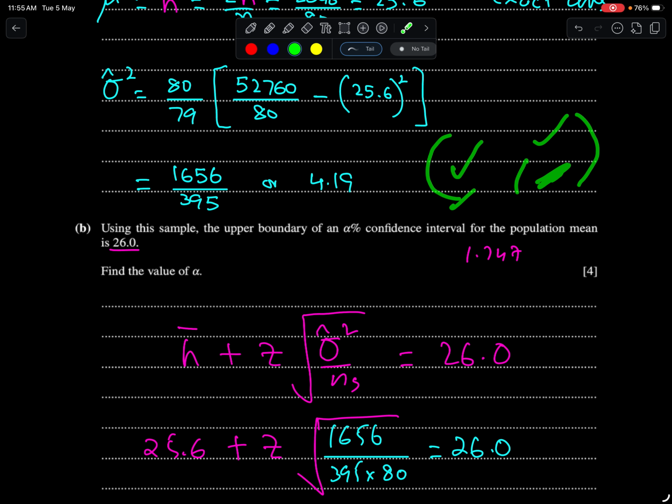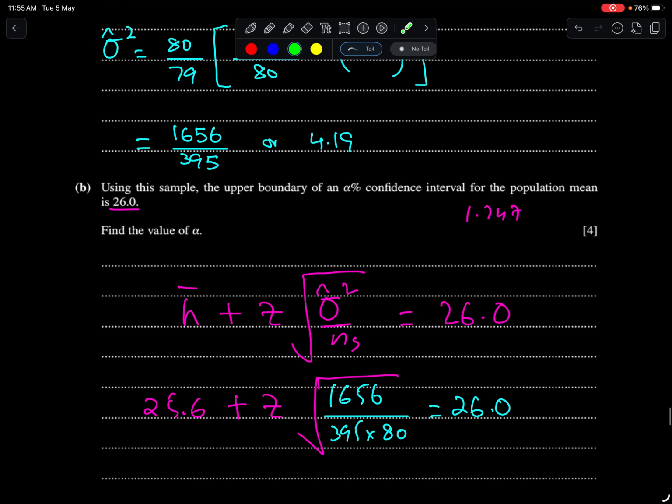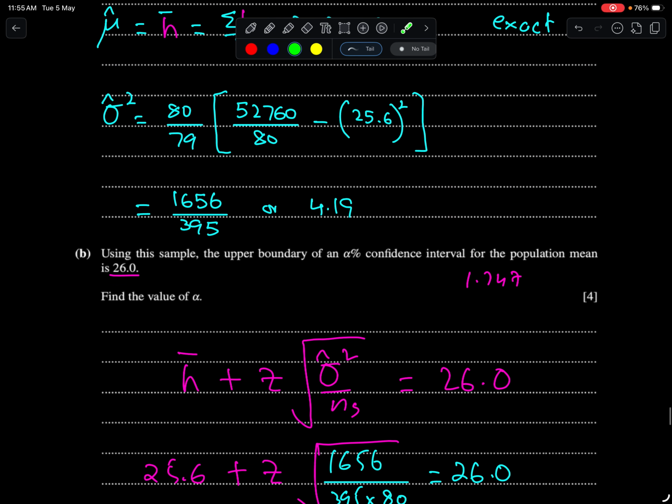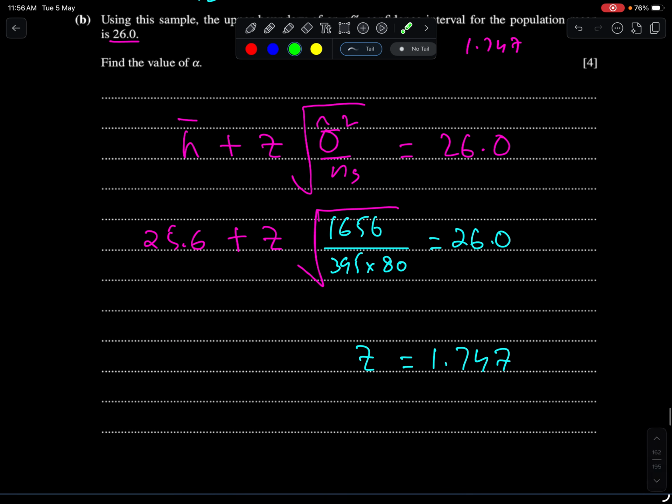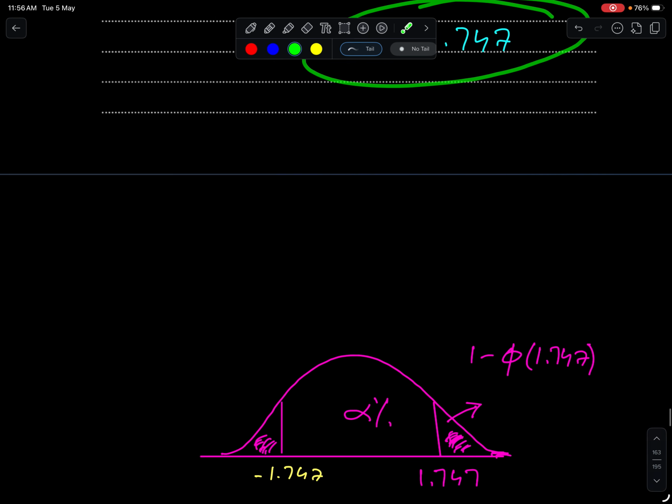So the upper boundary is given as 26.0. The formula was x bar plus minus z under root. For the upper boundary use x bar plus z under root, for the lower boundary x bar minus. This is given. We have x bar, we have sigma cap square, we need z. So z is 1.747.